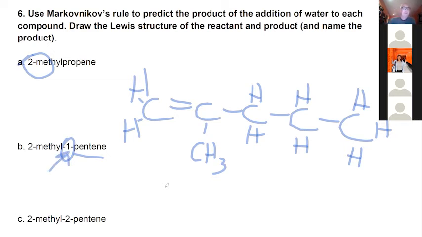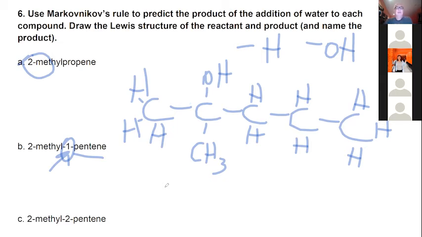So what'll happen, who gets the H and who gets the hydroxyl group? So same thing, the first carbon gets the hydrogen, and then the hydroxyl group is going to go to the second carbon, and we're going to remove the double bond. Now, the interesting thing is if you do number C, you should get the same answer.